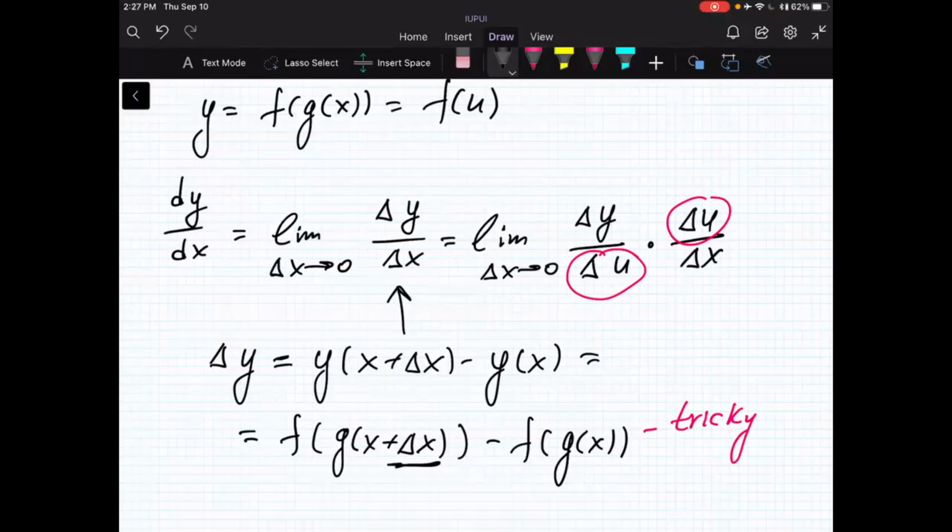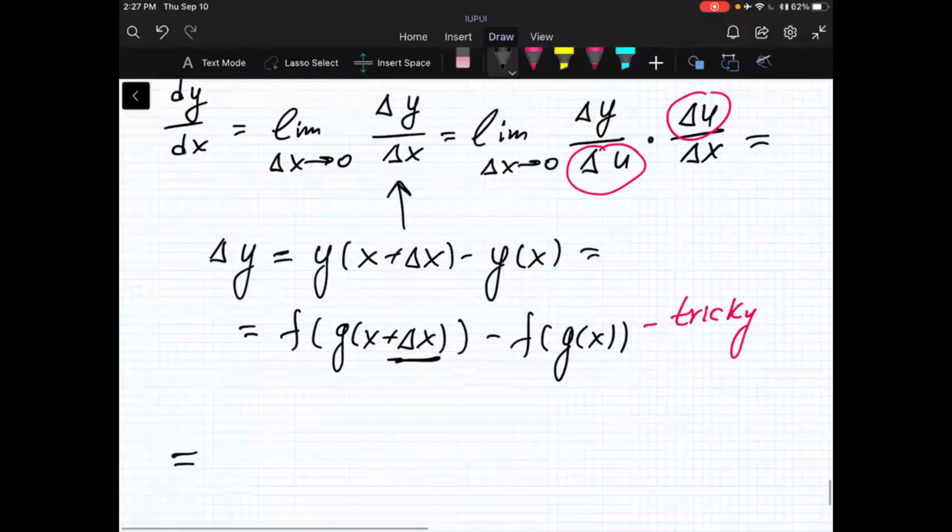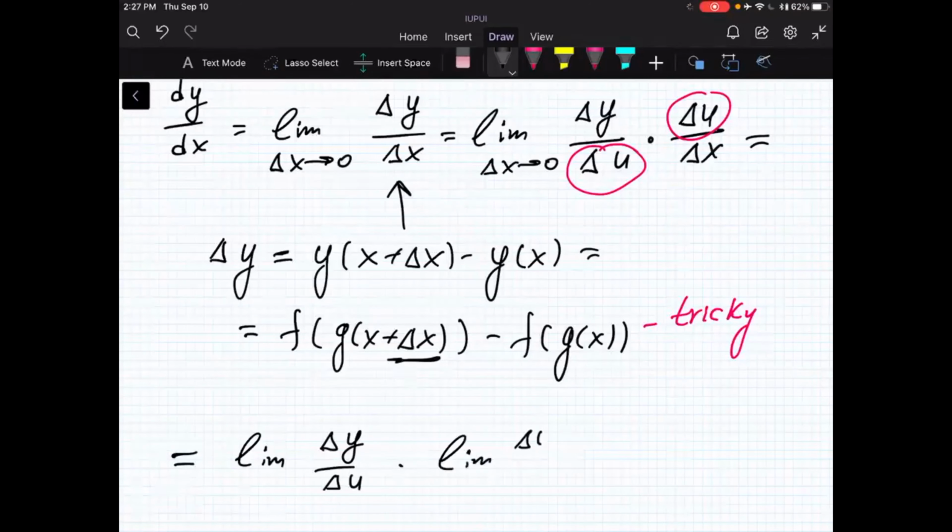And then everything becomes easy, because it's a product, I can apply that the limit of the product is the product of the limits, times the limit of delta u over delta x when delta x goes to 0.